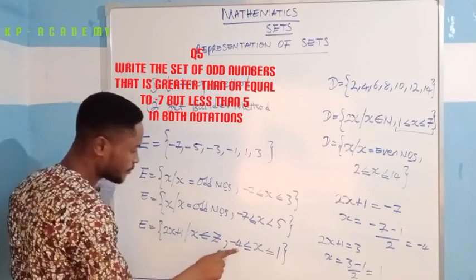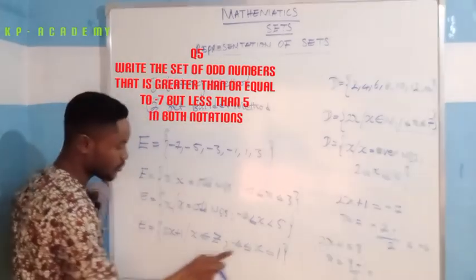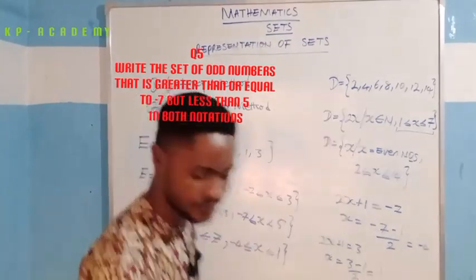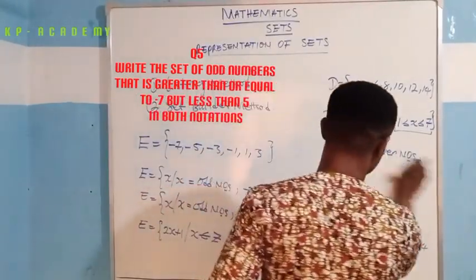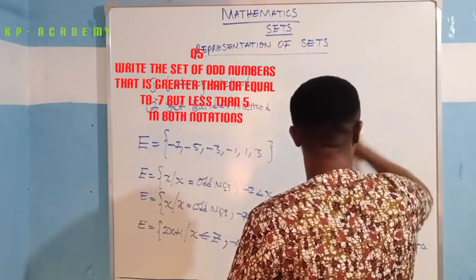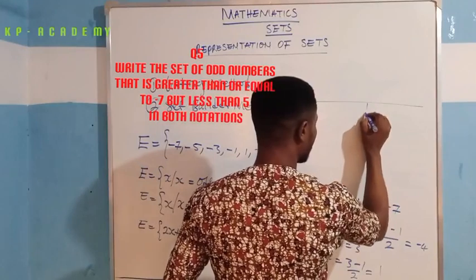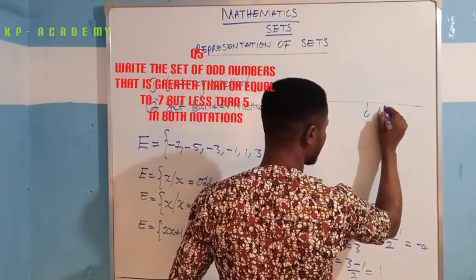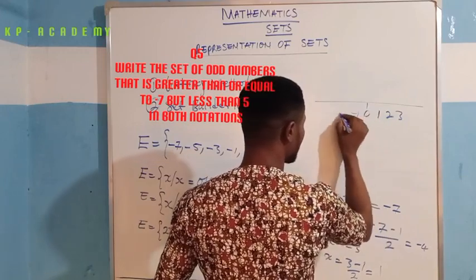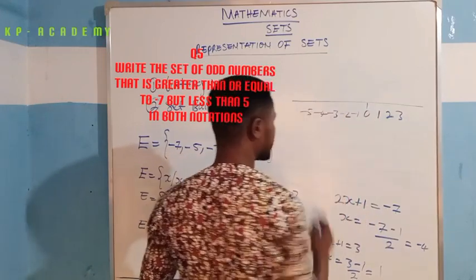In the third one, it says that this x, whatever value of x that will satisfy this condition, will range from -4 to 1. That is talking about the number line now. For instance, if this is my number line, and here is 0, here is 1, 2, 3, here is minus 1, minus 2, minus 3, minus 4, minus 5, and so on.